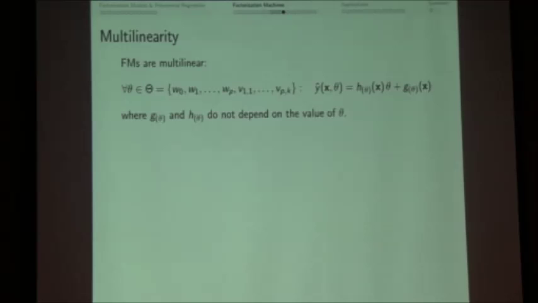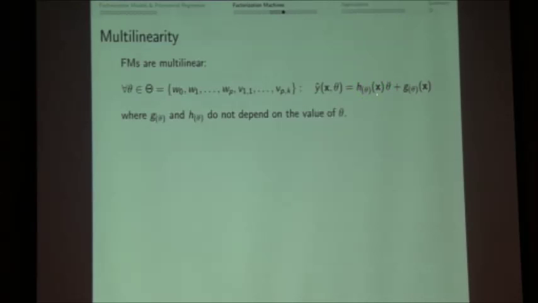So a factorization machine is multilinear. That means for every parameter that you want to estimate, if you pick this parameter and fix all the other parameters, the factorization machine is a linear equation. So if we pick out one from all the parameters that we have, and there are usually a lot of them, then we can write the factorization machine as a linear function.